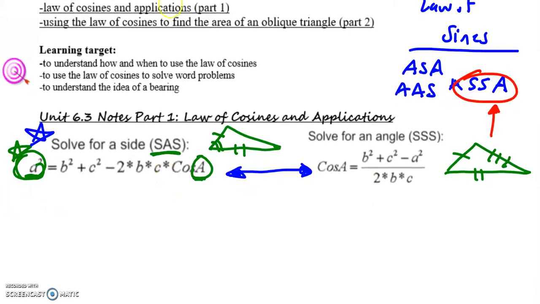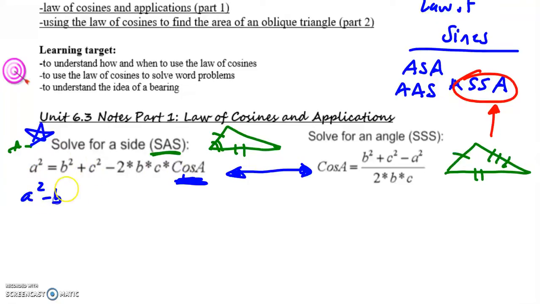So let me erase this. If I were to isolate the cosine of A, you would have to move the least attached things first. The negative 2 times B times C is attached, so what I'm going to do is move B squared and C squared over here by subtracting.